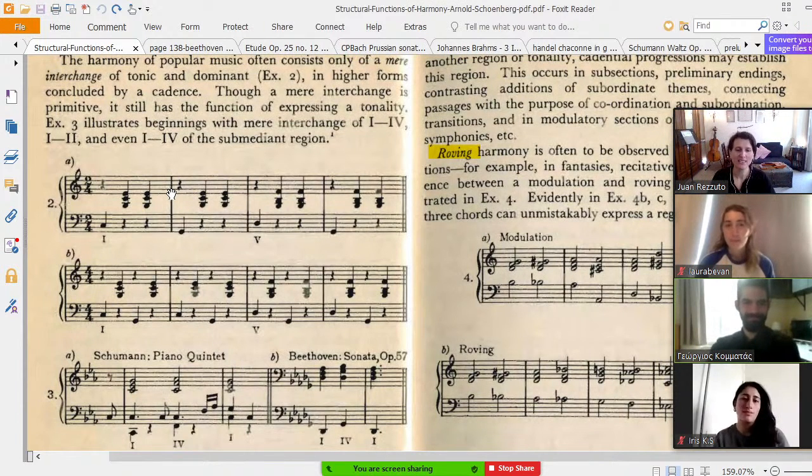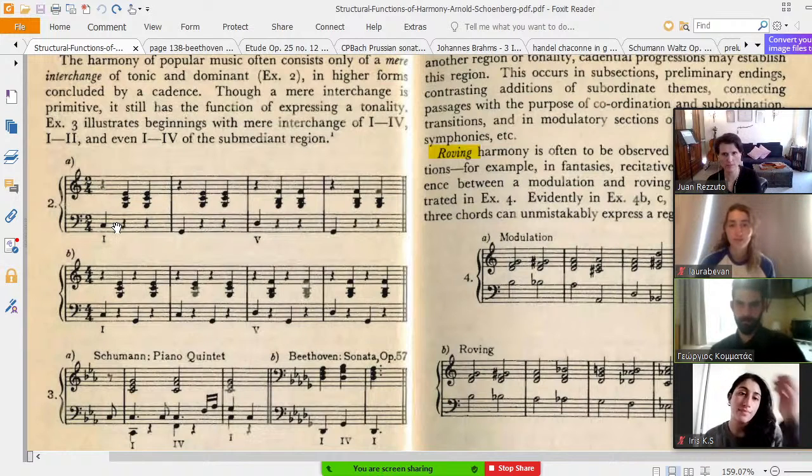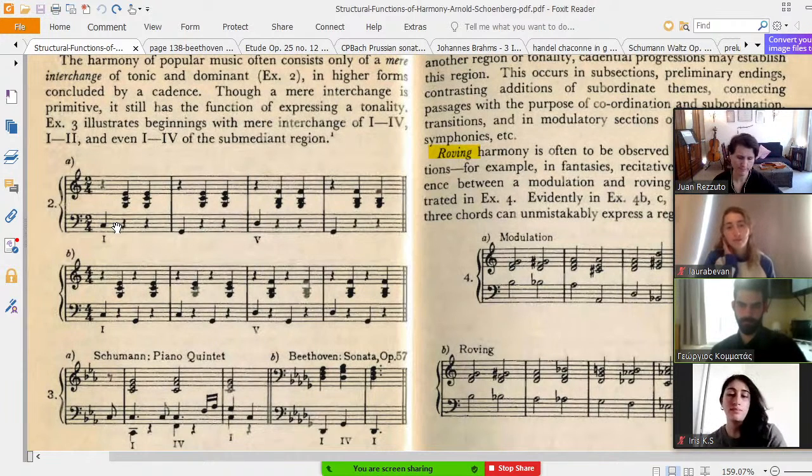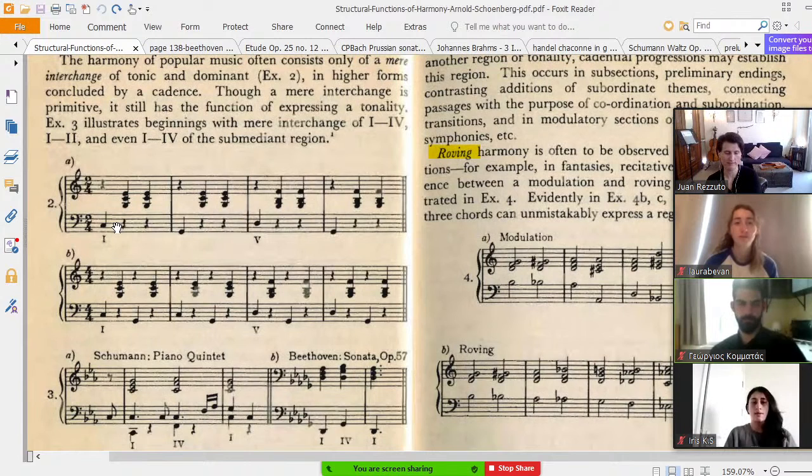Oh well. But yes, the classical examples of waltz express the tonality very clearly. You cannot get more clear than that.